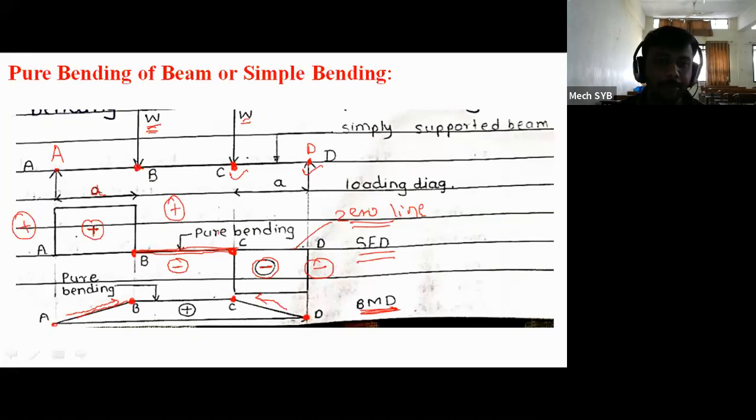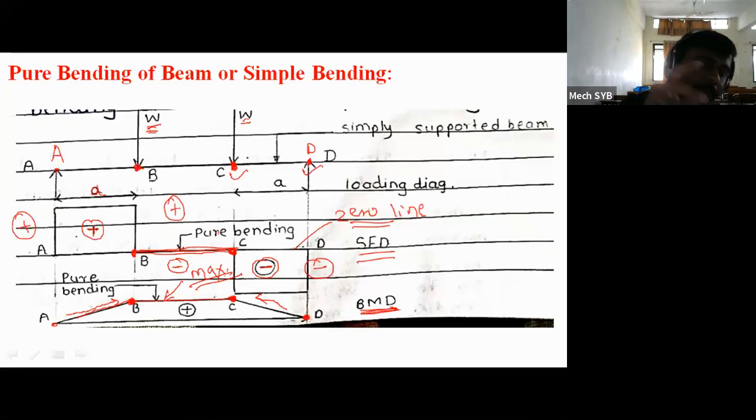मग इन्क्लाइन लाईन असेल तर तो कॉन्स्टंट असेल का? नाही. But if you see the bending moment value from point B to point C, that bending moment value is constant, or as compared to the portion AB and the portion CD, the bending moment value in the portion BC is maximum.